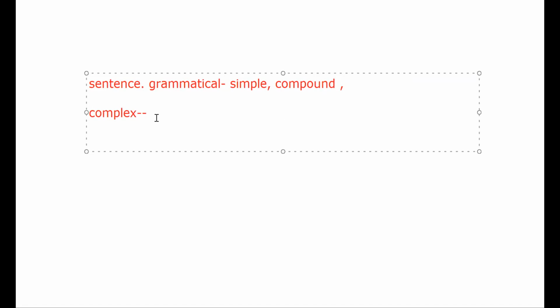That is verb. If you have a verb, definitely it will have tense. Verb will definitely have voice, or verb may have speech. This is again optional. These two are compulsory.